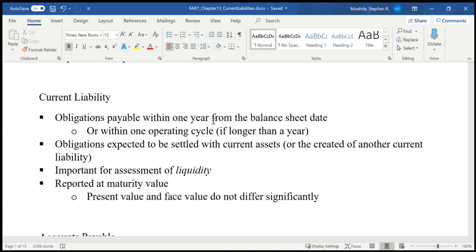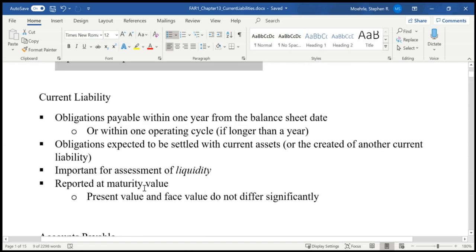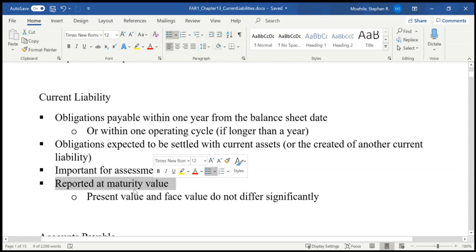Now, what did old Steve just say? He said liabilities are reported at the present value of future outflows. And then on the same page, it says current liabilities are reported at maturity value. What gives here?